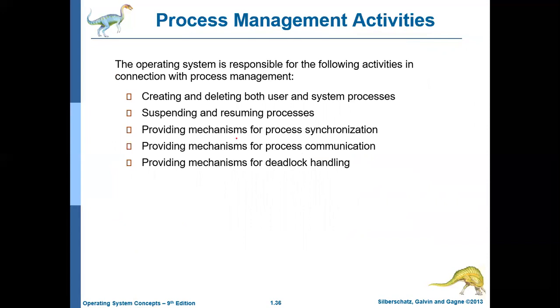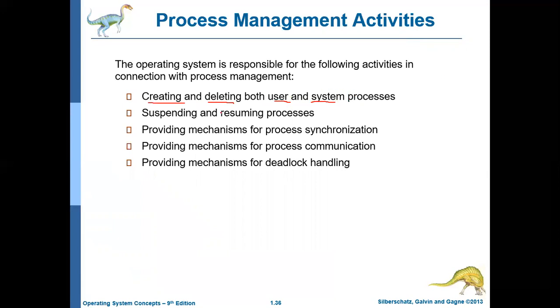As a part of process management, the operating system may perform the following activities. The operating system may create and delete user processes and system processes. User processes are the ones which contain user code. System processes are the ones which contain system code, operating system code.